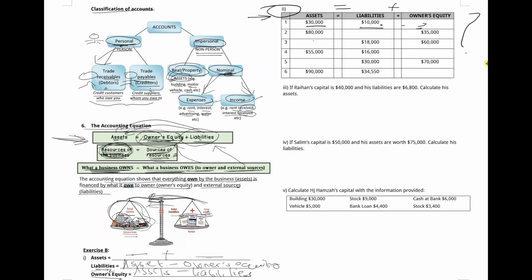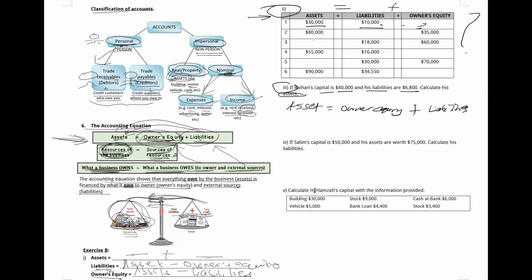And this one also, you give it a try. If right hand capital, the owner equity, is 40,000, the liability 6,800, calculate his assets. So again, you use the accounting equation, assets equal to owner equity plus liabilities.